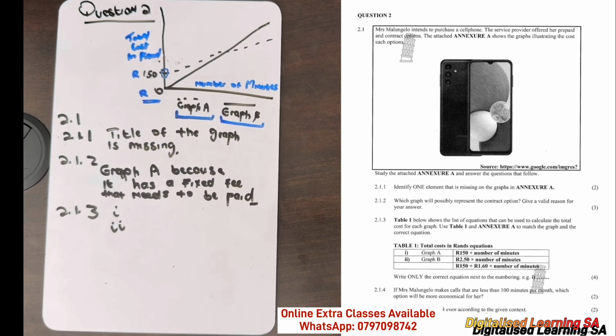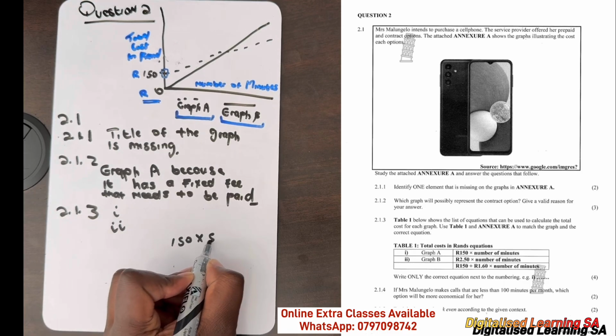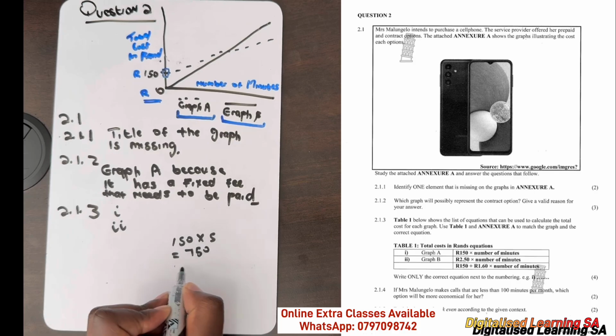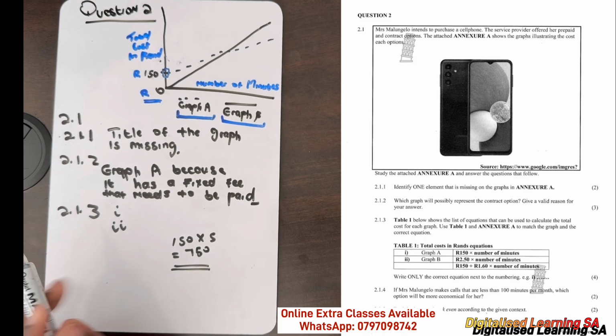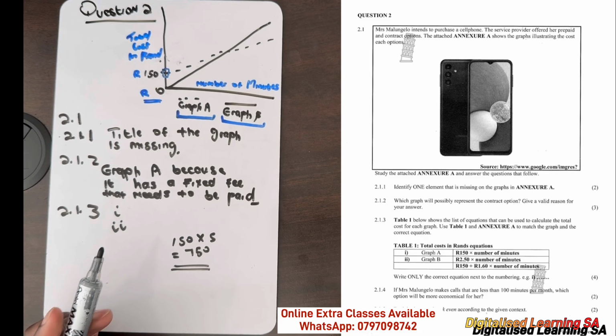So if we look at our first option, we are given 150 multiplied by the number of minutes, meaning that if a person uses 5 minutes, we multiply by 5, and our answer will be 750 for using only 5 minutes. This doesn't make sense. A person can't use 5 minutes and then have to pay 750. So this option is not correct.